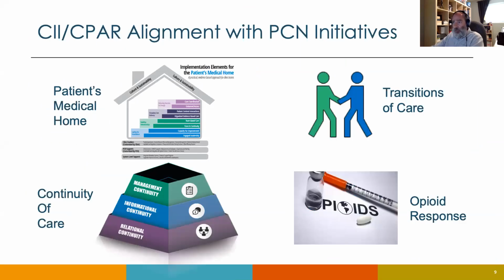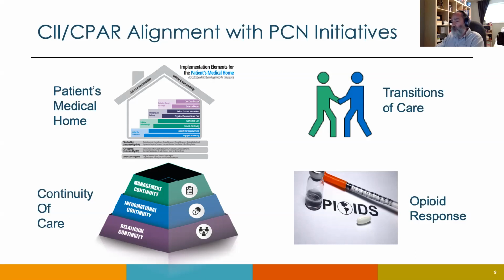We talk a lot about how CI CPAR is in alignment with PCN Initiatives, and this slide tries to cover that off. You can see in the patient's medical home, there is actually an implementation element for panel and continuity. And CI CPAR is very much about panel and continuity. Transitions of care, I talked a little bit about transitions of care, but there's a lot of functionality in CI CPAR that can help support transition of care and continuity.